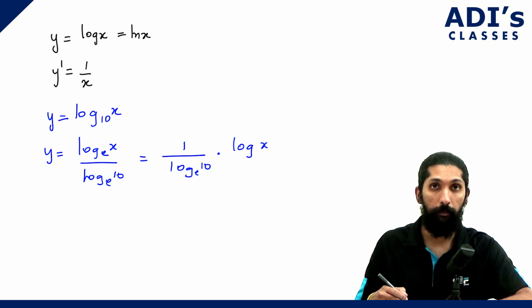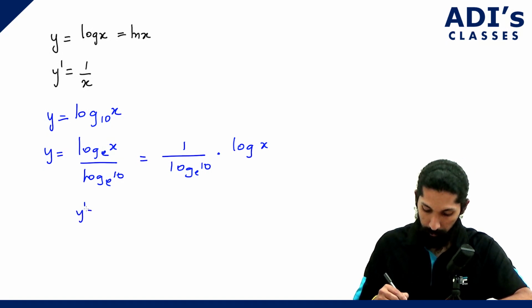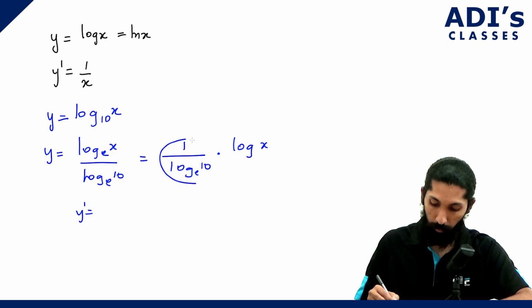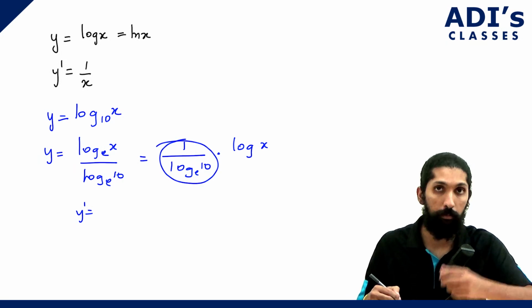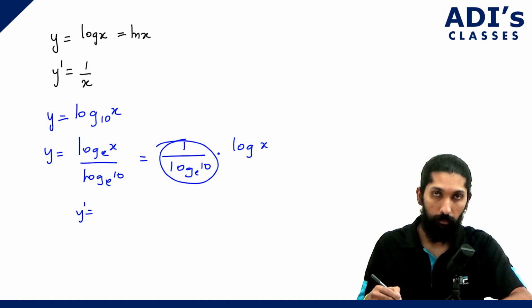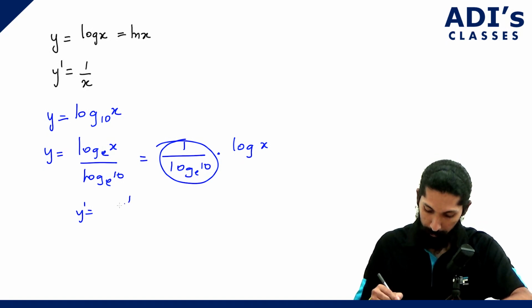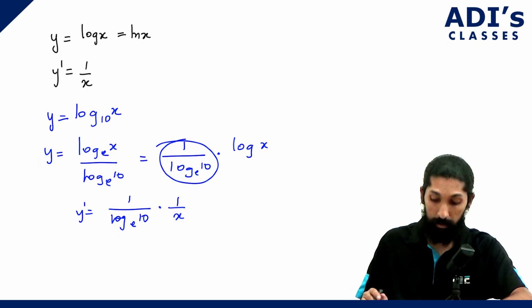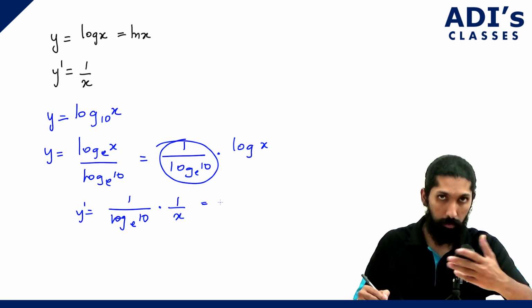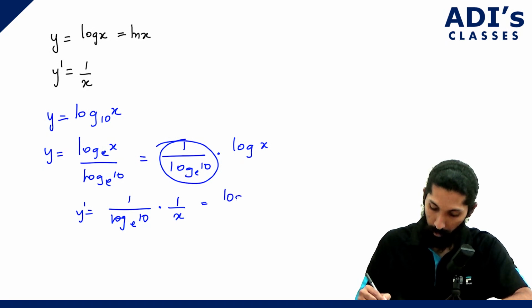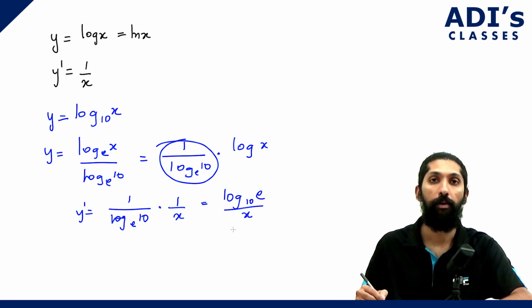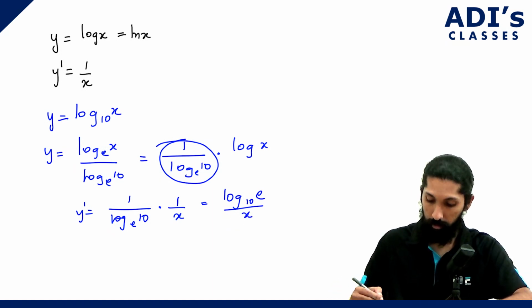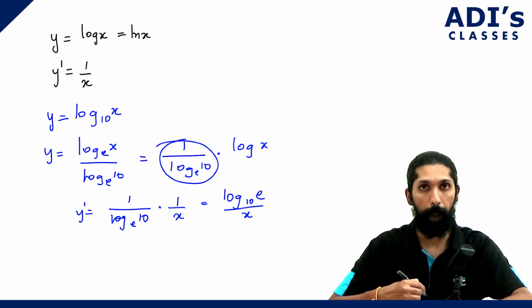This is the value of y. So y dash becomes, see, this 1 by log of 10 to base e is nothing but a constant, so you can call it 1 by log 10 to base e into 1 by x. In some other books, you might also write this as log e to base 10 divided by x.